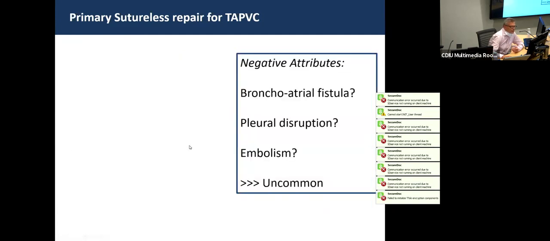So what are the issues with the repair? We have seen entrainment of air, presumably from a disruption in the lung bronchial network, so you can entrain air into the left atrium. I think we've seen one case of that. You can have pleural disruption, so the suture line is to a fairly thin pericardium and mediastinal pleura, and that can become disrupted or cause bleeding there.